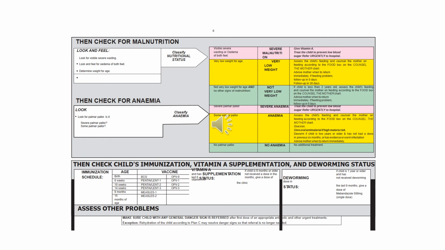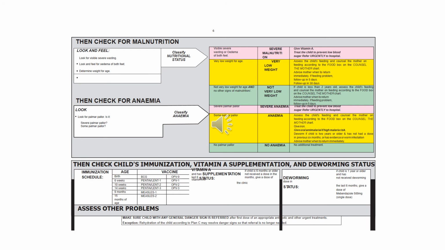Now, if there is some palmar pallor, that is a simple case of anemia, and this falls into the yellow zone. Here you have to treat the child with oral iron. During treatment, the child should be seen every 2 weeks for follow up.